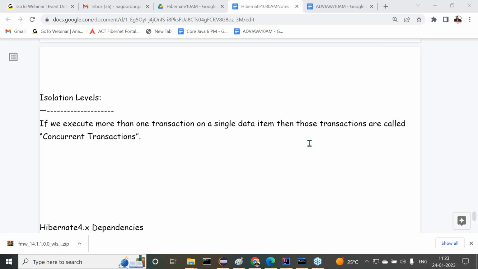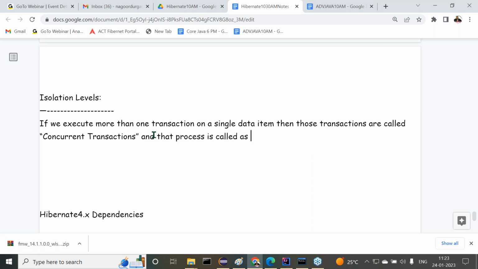And that process is called transactions concurrency. That is the point we have to understand.